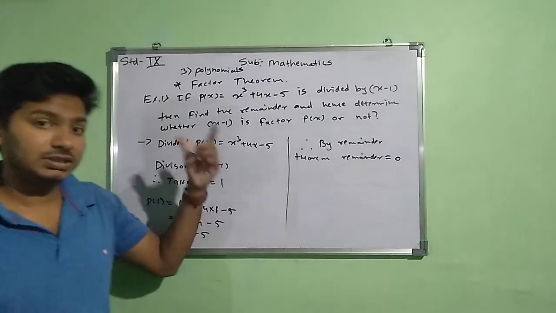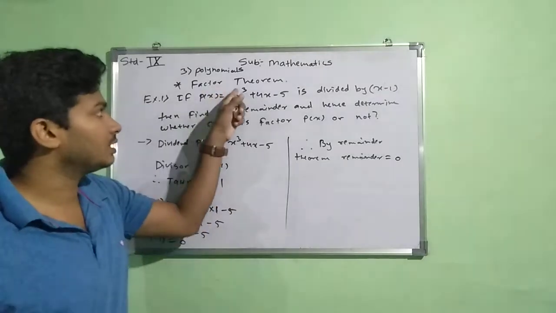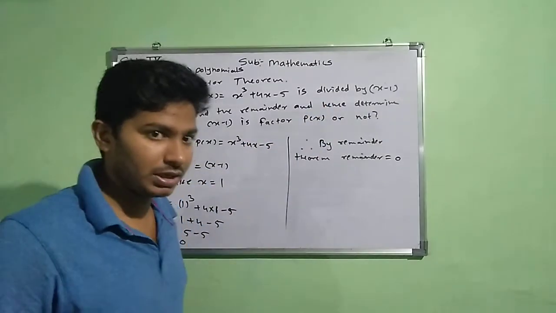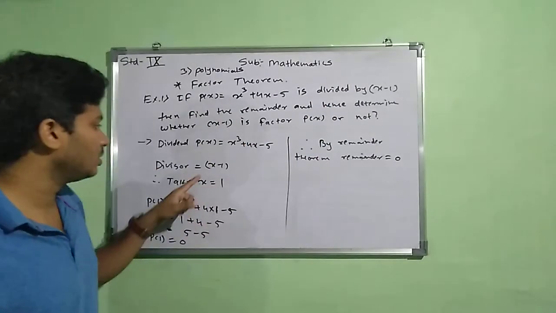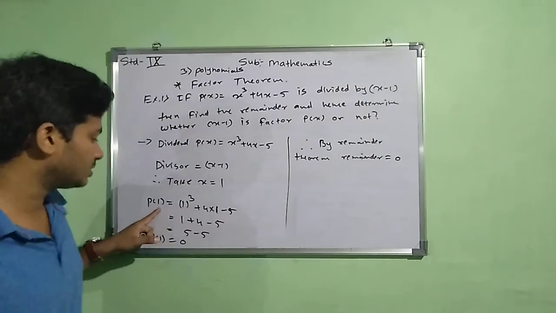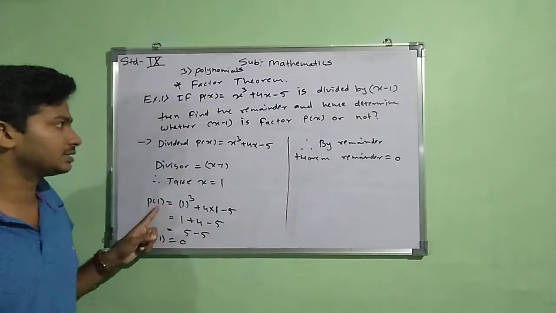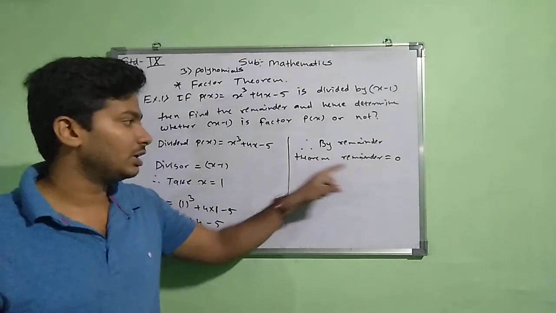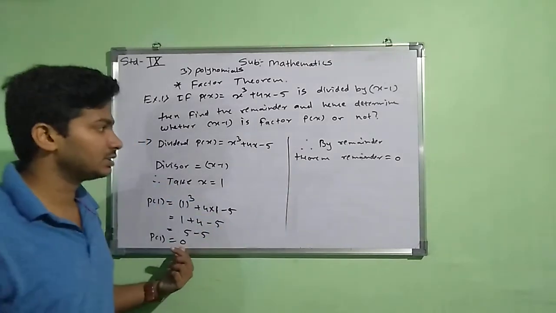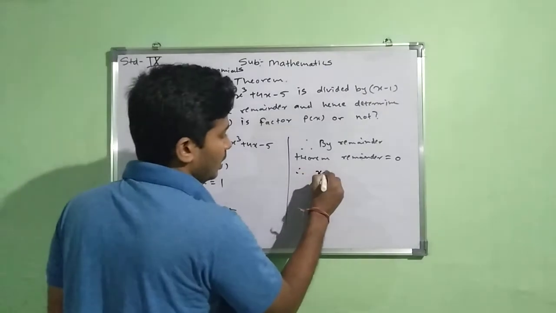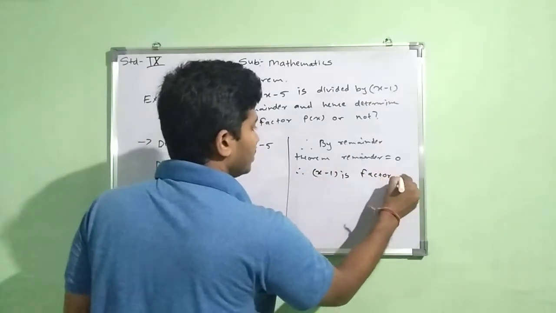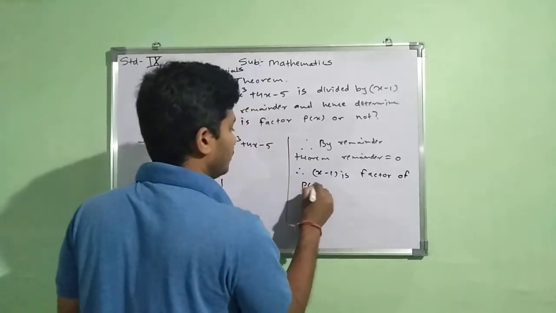Therefore we have seen just now in factor theorem, if we get remainder as 0 in our given polynomial after substituting any value, here we have substituted 1, that means x minus 1 is a factor of p of x.